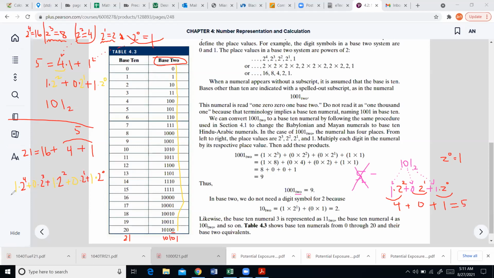And now all I care about is just these first digits, because powers of 2 are not being shown in our number base 2, but just digits they're multiplied by. So I get 1, 0, 0. And yes, looks like we do have that.